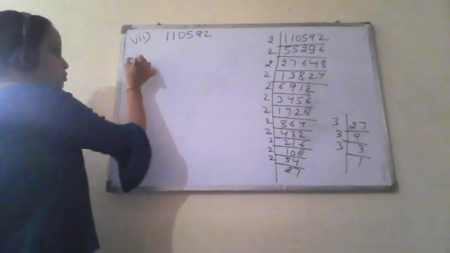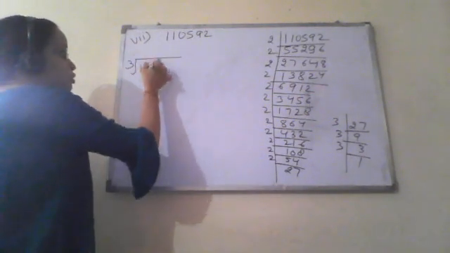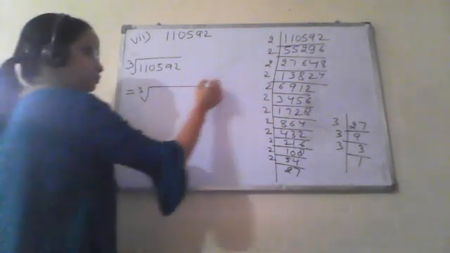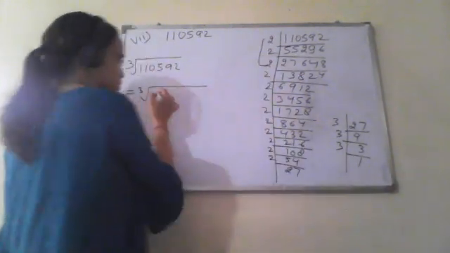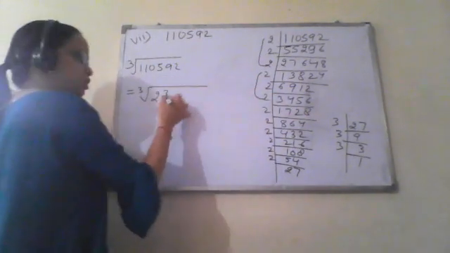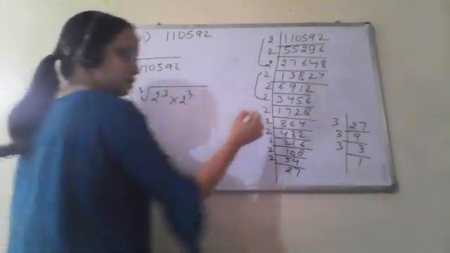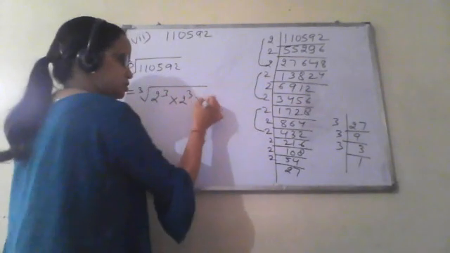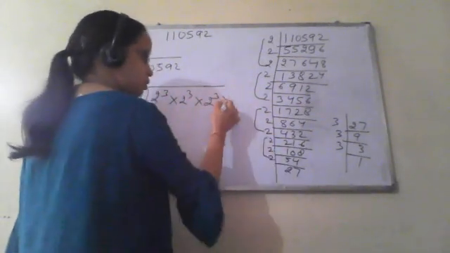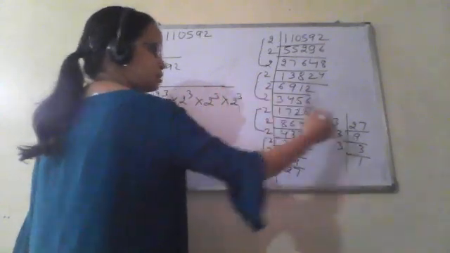So cube root of 110592 will be, there is a triplet of 3, so 2 to the power 3. Again a triplet, 2 to the power 3. Again a triplet, this is 2 to the power 3. There is a triplet, 2 to the power 3, and there is a triplet of 3.